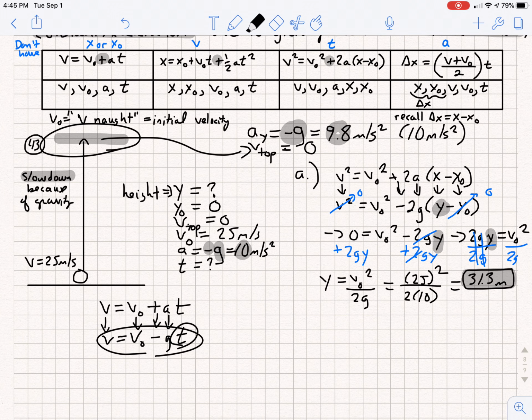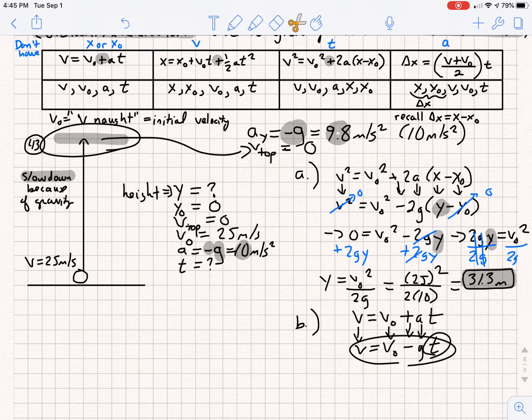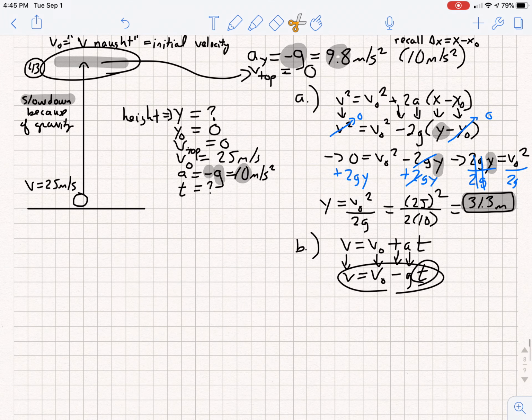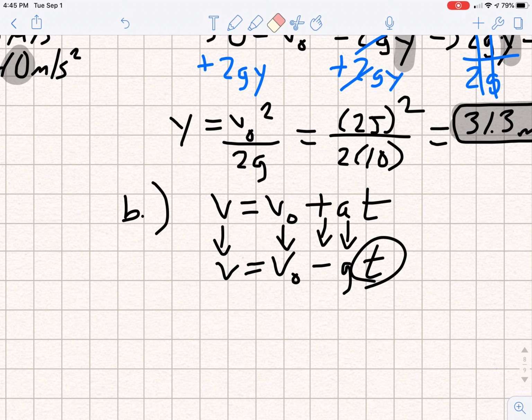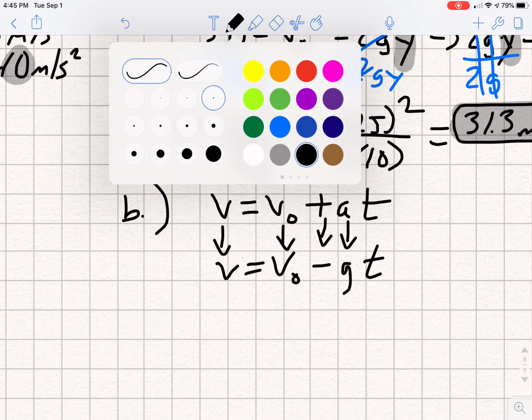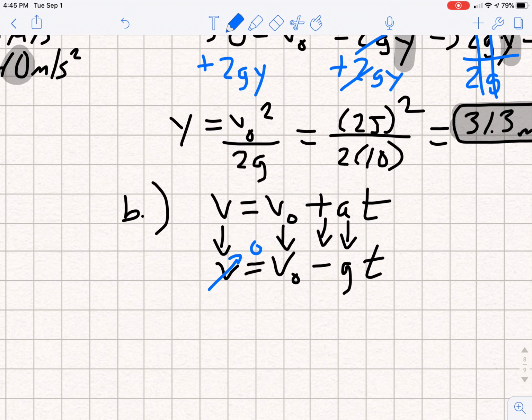Now part B wants to know how long it takes to reach its highest point. So we want an equation with time in it. Well, this particular equation works very well because we know that the velocity at the highest point is equal to 0. We know this, and we're looking for this. So essentially this equation works perfectly to figure out how long it takes to reach the highest point. Rewriting the equation, we get 0 equals v naught minus gt.